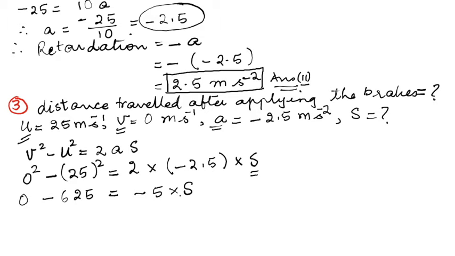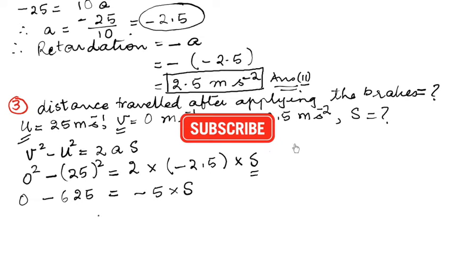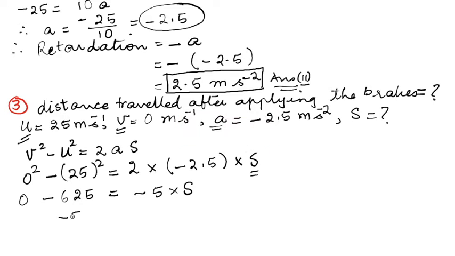Make sure that your 5 does not look like s. Alright, so we will have minus 5s is equal to 625 with a minus sign here. So we will cancel the minus sign, and 5s is equal to 625.